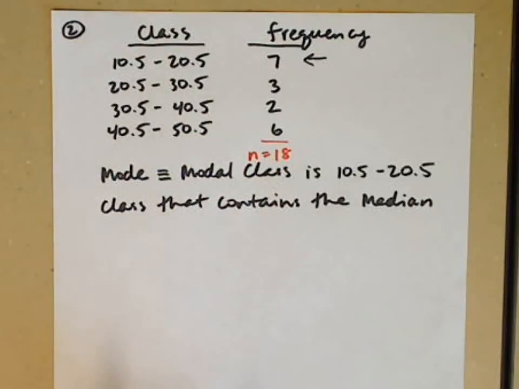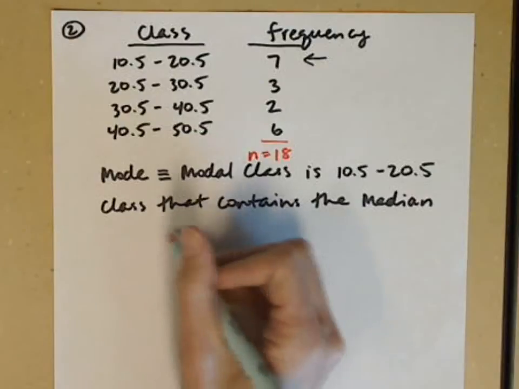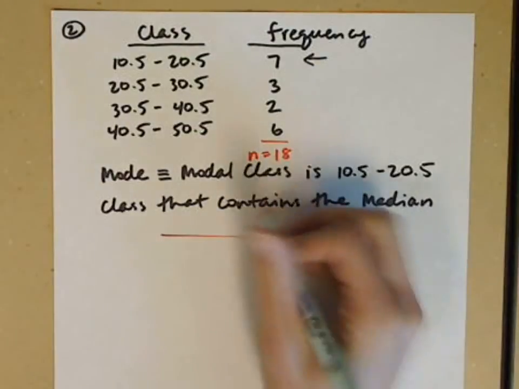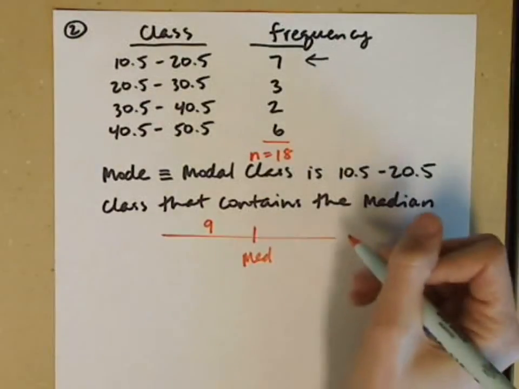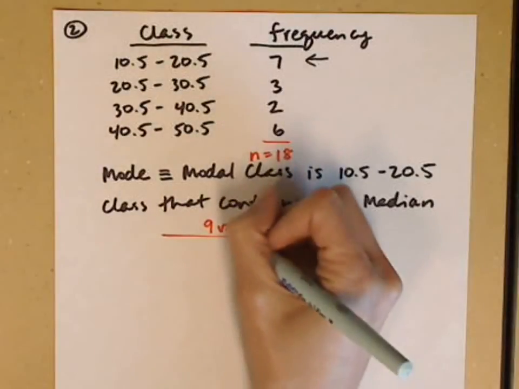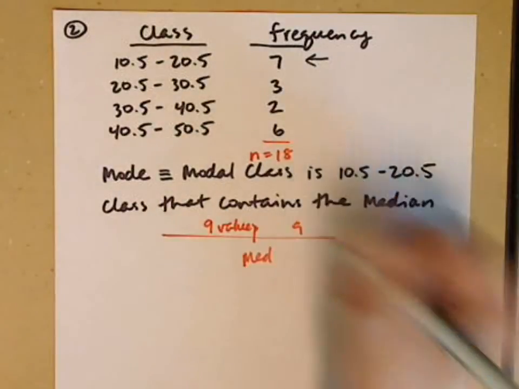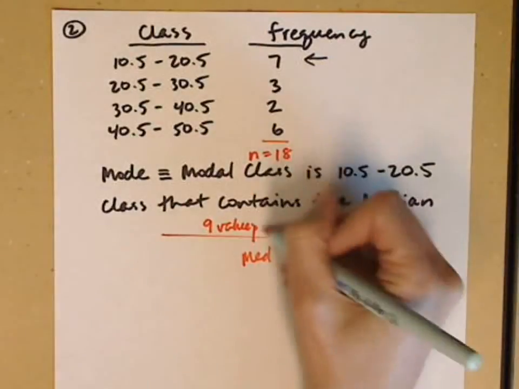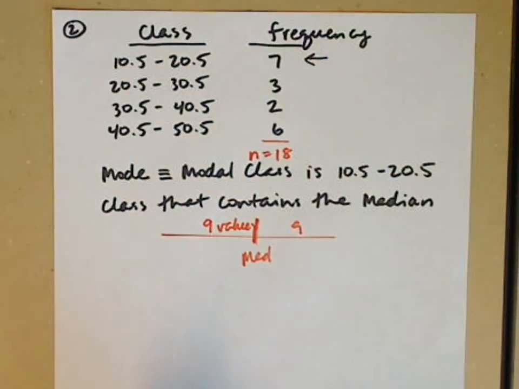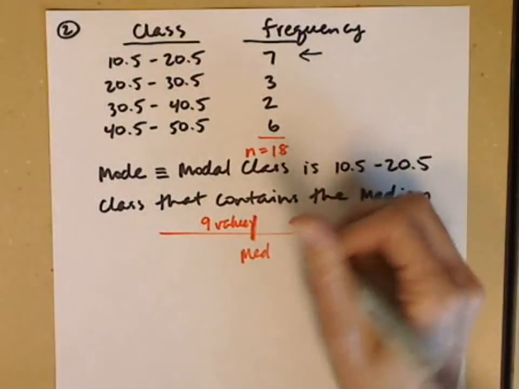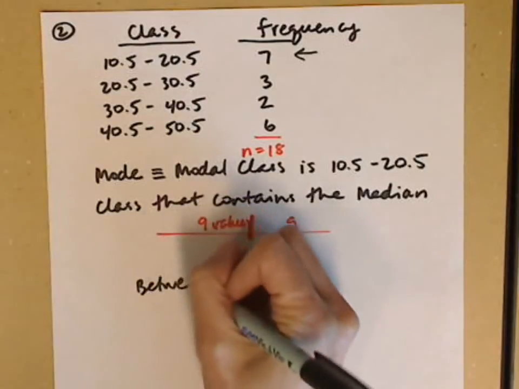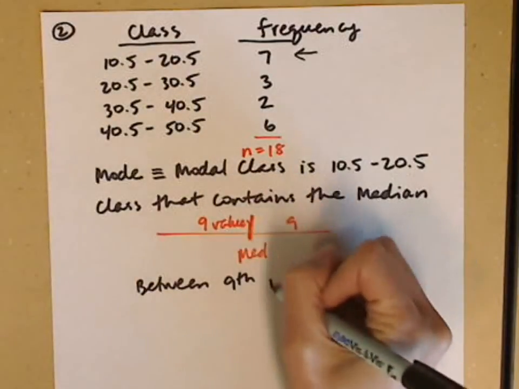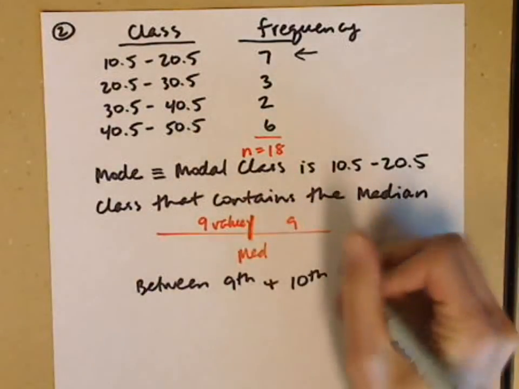Because it's an even number, I know that if I were to divide all of my data values up, the median would lie here. I would have 9 values below the median and 9 values above the median. So that means that my median doesn't actually exist, but I do know that the median is between the 9th and 10th data value.